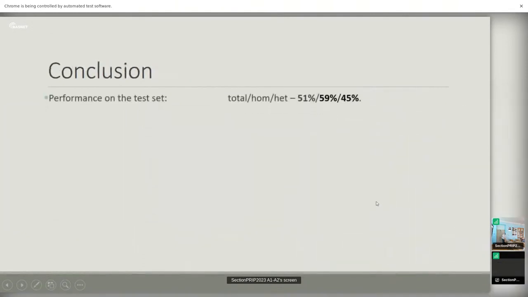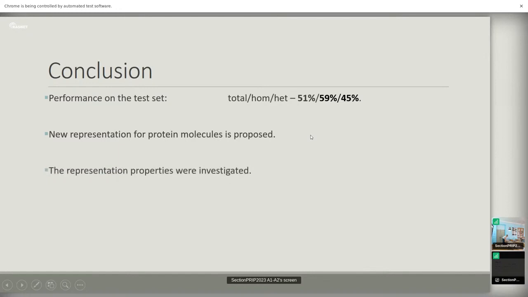So, conclusion: the performance that we measured for the test set is a total of 51%. If you wonder about the training set, it's 70%, so there is a 20% gap. It's quite a good result. One can say we propose a new representation, brand new. We investigated its properties. I think there is space for further investigation.